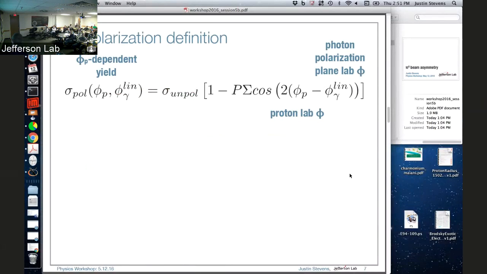So the relevant angles are the proton lab angle phi, and the photon polarization plane in the lab. It's really the production plane, which is the proton lab angle, and the linear polarization. The difference between those is the relevant angle. And so that's this modulation in cosine 2 phi is where you measure the polarization of the photon beam, and the sigma is the observable we're looking for.